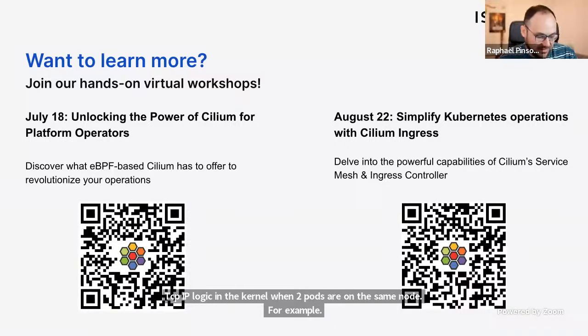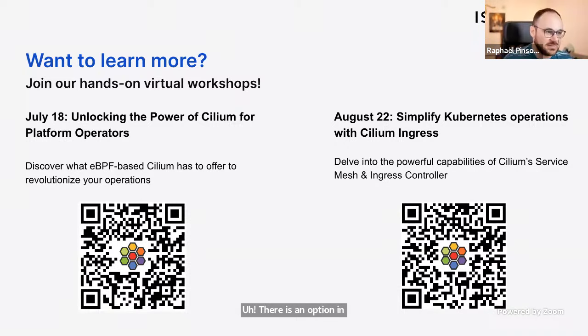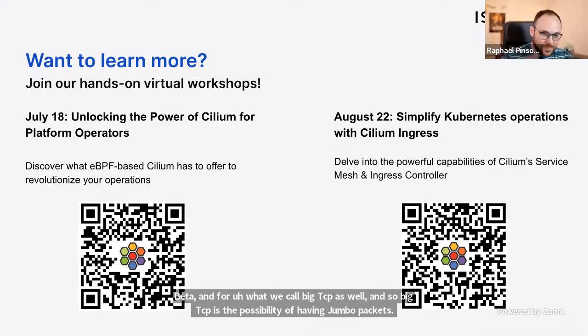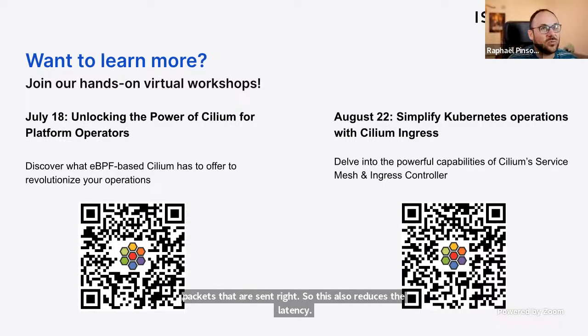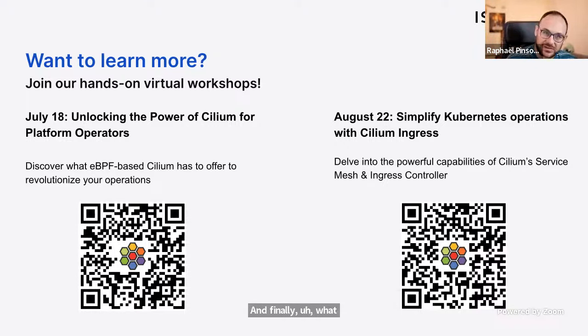There is an option in beta in Cilium for what we call big TCP as well. And so big TCP is the possibility of having jumbo packets so that you have fewer packets that are sent, right? So this also reduces the latency. And finally, what is coming and is super exciting is a new layer in the kernel that is called Netkit that was merged in the kernel.